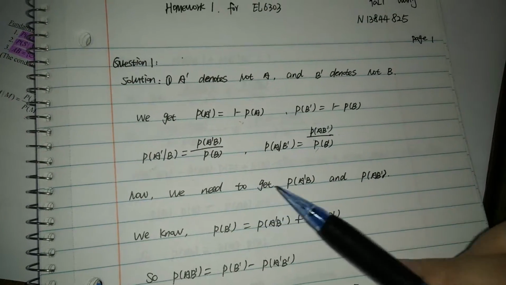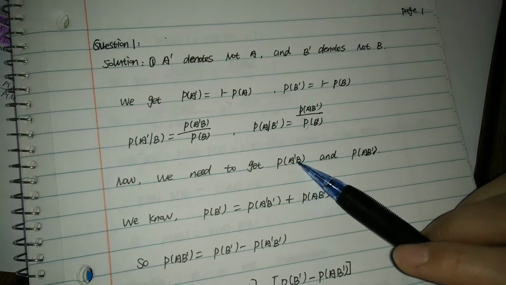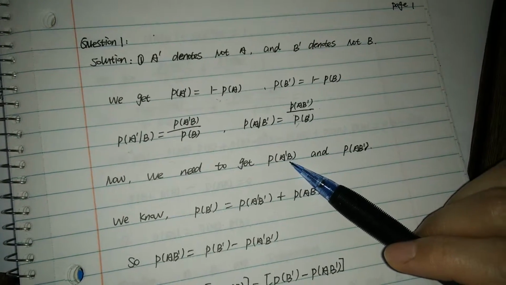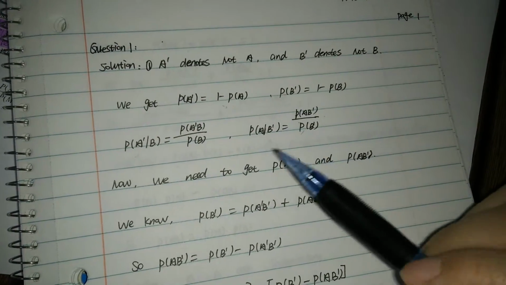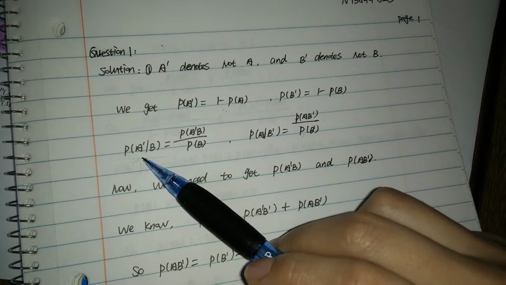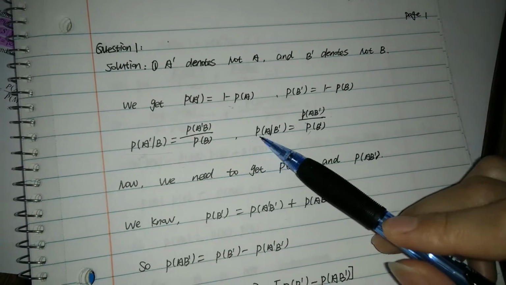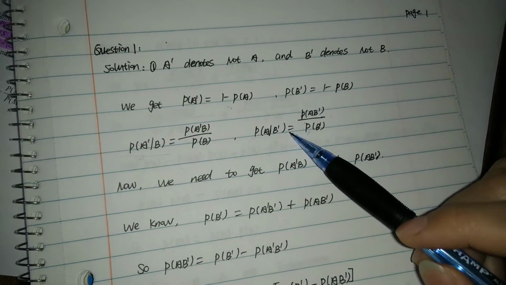Now we need to get the probability of A naught times B and the probability of A times B naught so that we can get the probability of A naught given B and the probability of A given B naught.